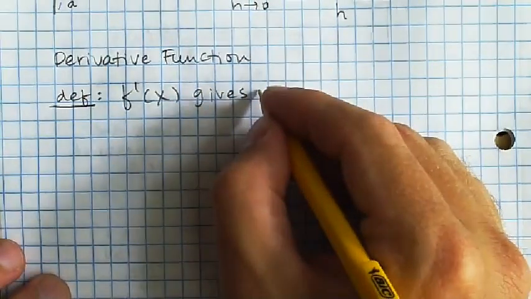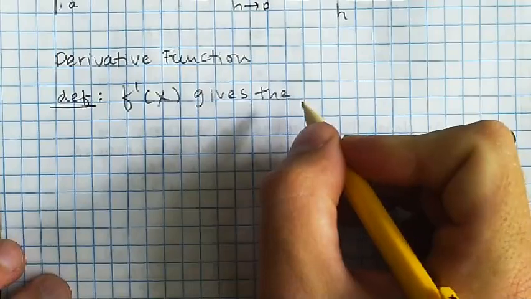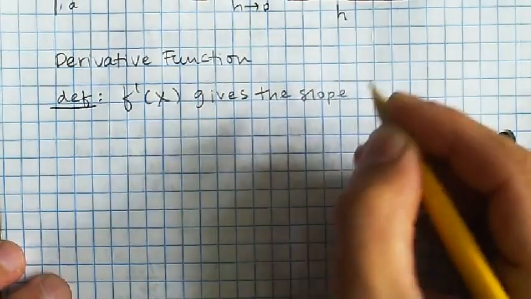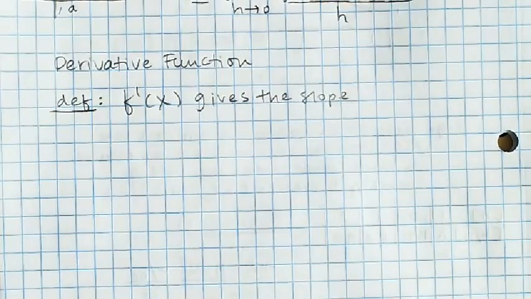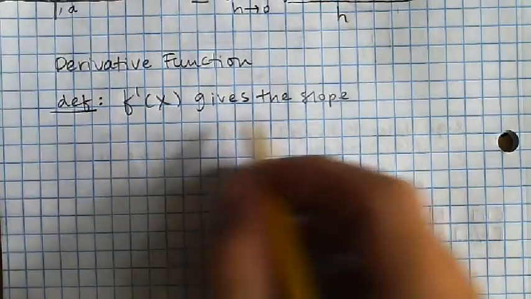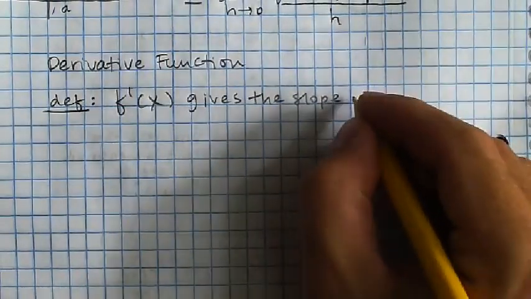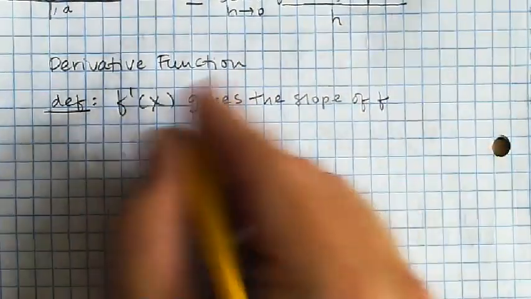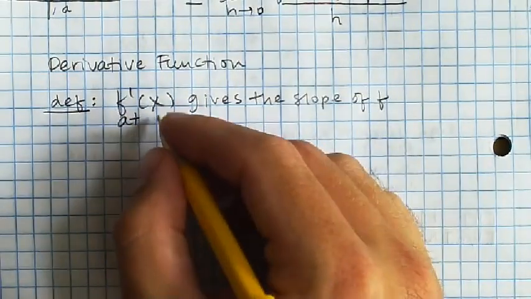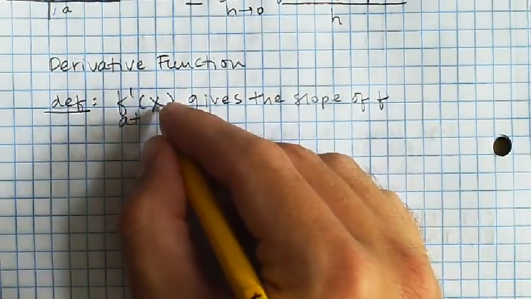And so it gives the slope, or the instantaneous rate of change, and I'm just going to say slope because this class does not rely on rigorous definitions and theorems. It relies mostly on intuition and problem-solving ability. So f prime of x gives the slope of f at various x values.